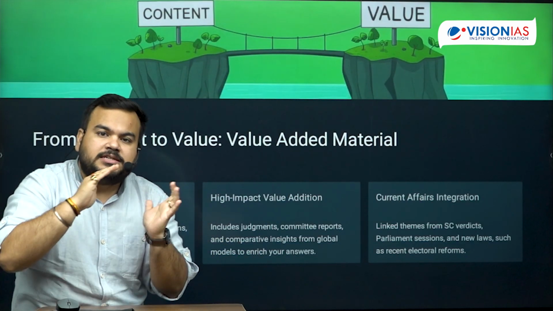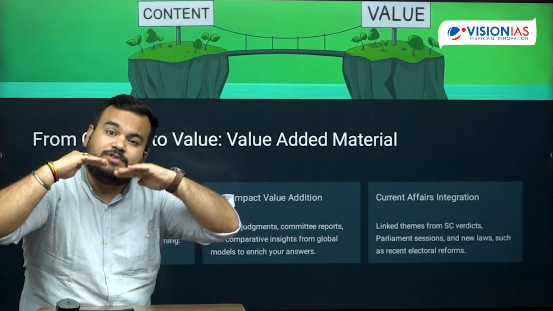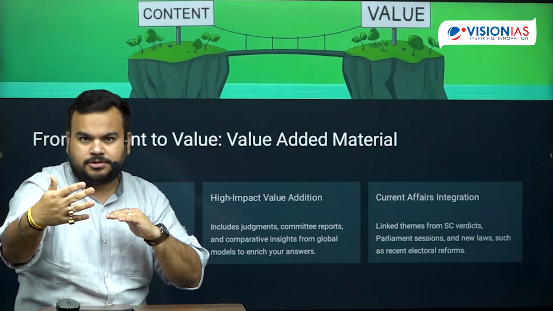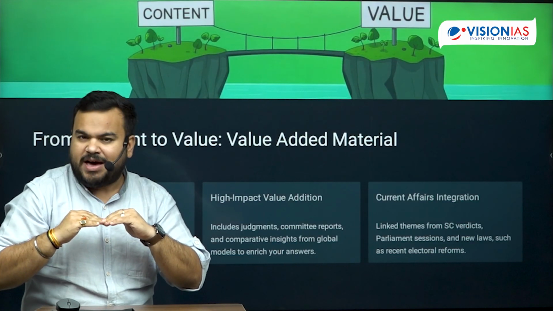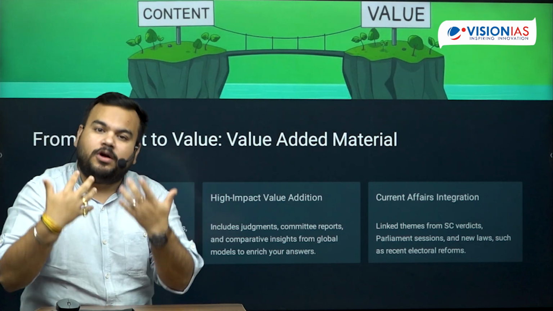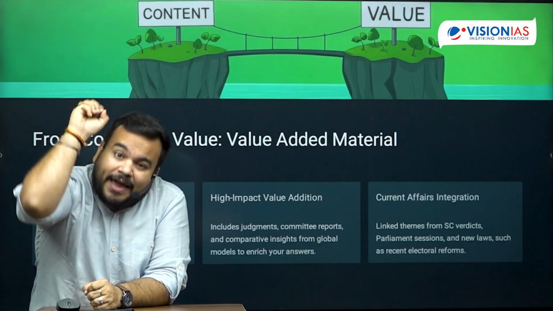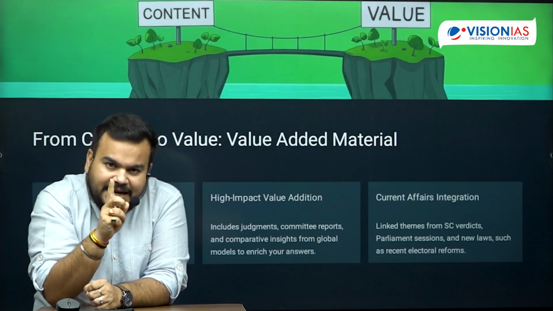So again, you are not reading anything new. You are just value adding certain things to whatever you have already read. It is not going to be a repetition of whatever you have read. It is going to be a value addition which is going to add 1-2 marks to every answer you write in the polity examination, right, in paper number 2.